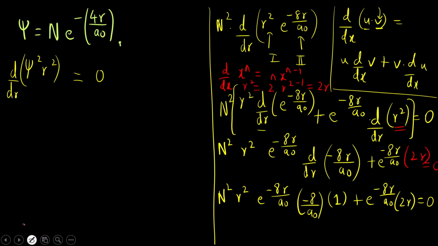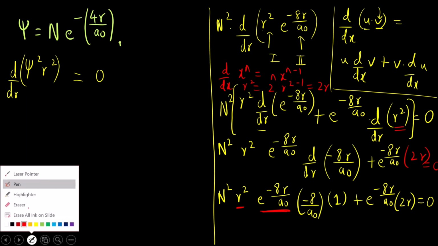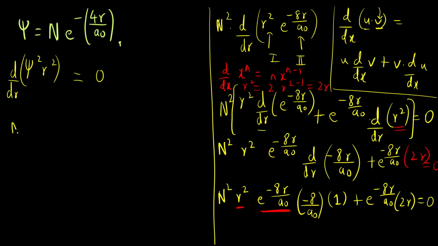okay, now I can take, you can see r and e raised to this term, common. So what will I get? n square is already outside. r e raised to minus 8r by a naught I have taken common.